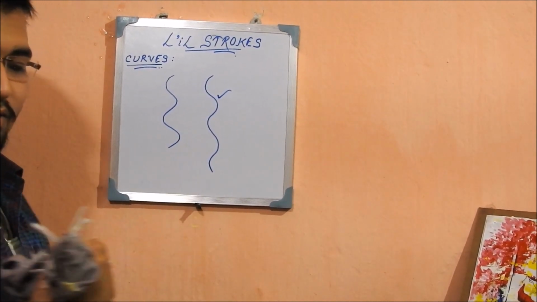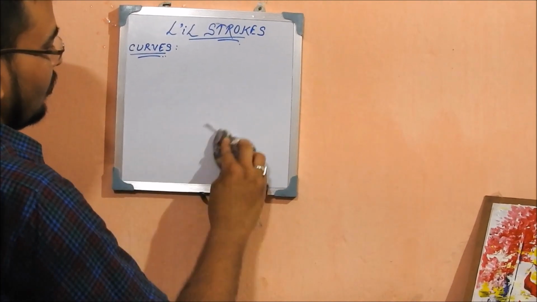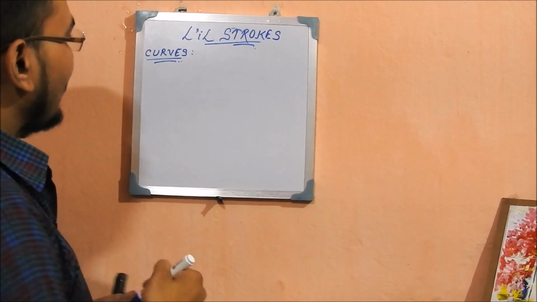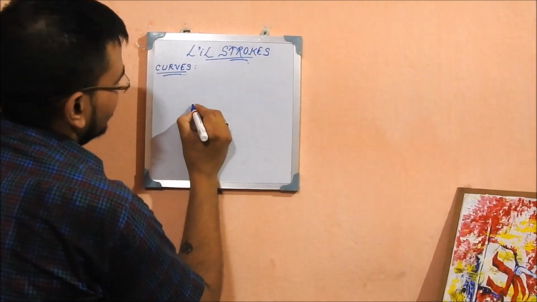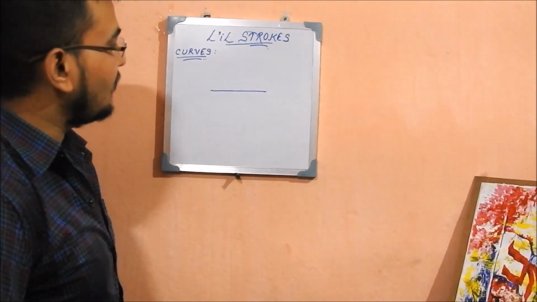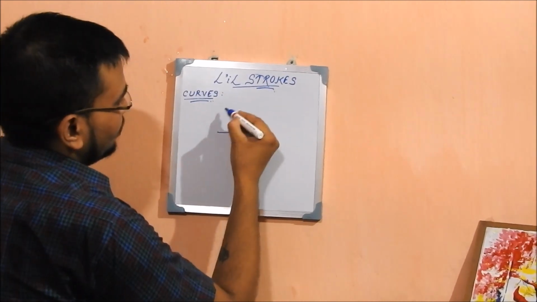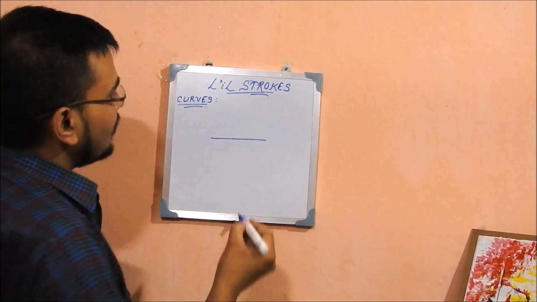Now why am I telling you to use this portion every time? Because when you are going to draw a big curve, one curve, not one zigzag line, like say you are going to draw an umbrella. This is a straight line for the umbrella. Now you know I have to draw a curve like this to draw the umbrella.